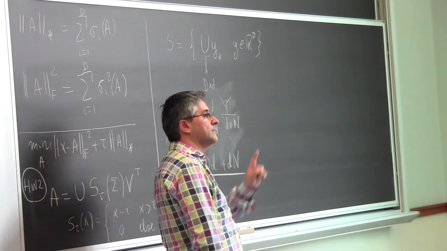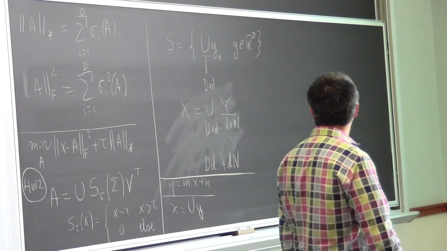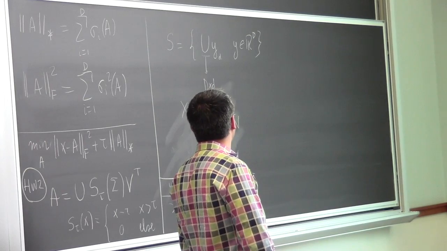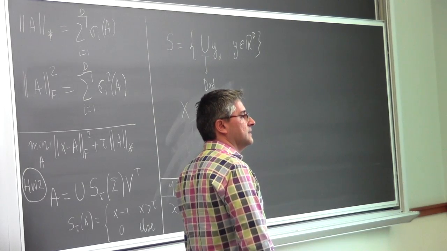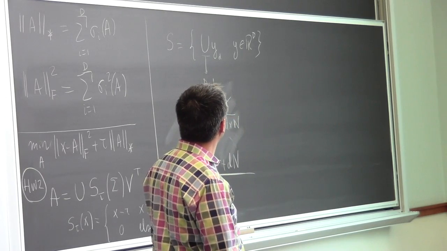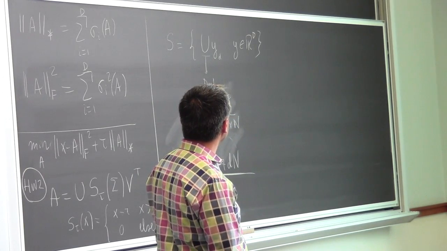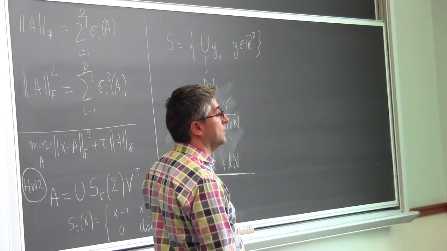Yes? Once you know u, y is fixed, so there aren't really that many independent parameters. So intuitively it feels like it'd just be d times little d. All you need to know is u and then y. It's good. But also with x.